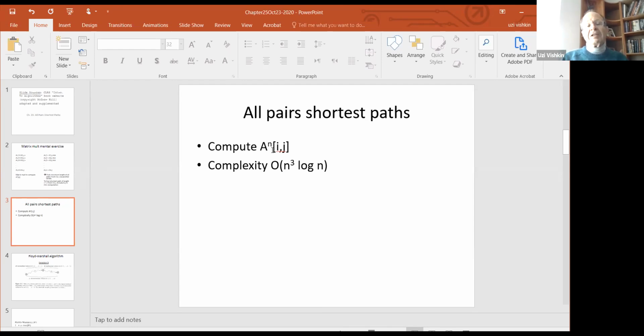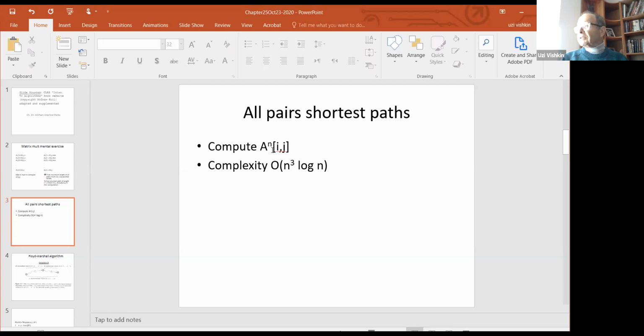And I keep multiplying the matrix by itself, so after a logarithmic number of steps, because I raise the power of the matrix by a power of 2 in each iteration, I compute A to the power of n, which guarantees that I find all the shortest distances of up to n from i to j.